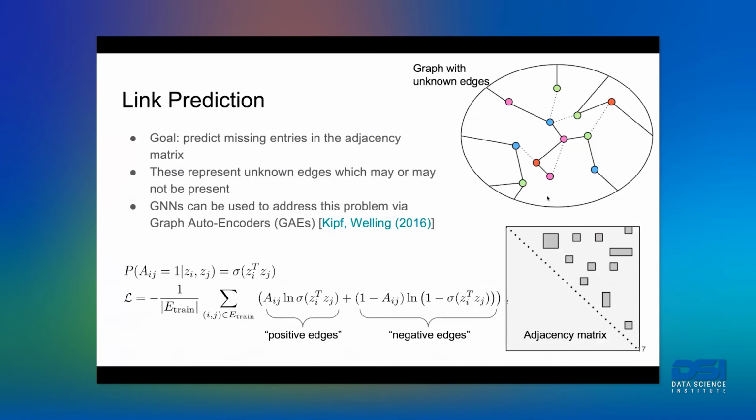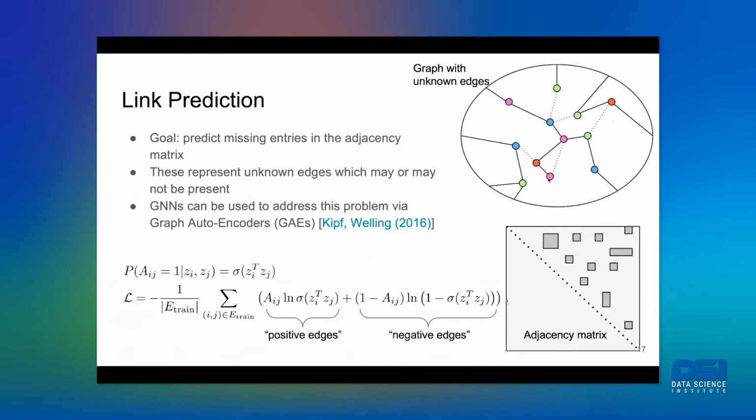Okay. So obviously these graph neural networks are only useful if you can use them to solve interesting problems. And so one major class of problems is link prediction. So this is a very timeless problem that people have thought about in computer science and statistics, where you have a graph and you observe some edges, and then you observe the absence of other edges, but there are certain pairs of nodes and you're not sure if those are actually connected or not.